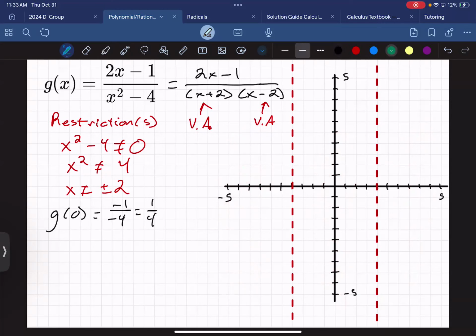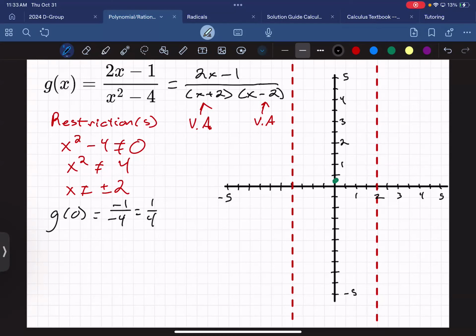So that'll be about right here. And make sure you see again, I'm counting by every other one here. Now that gives me my one y-intercept.